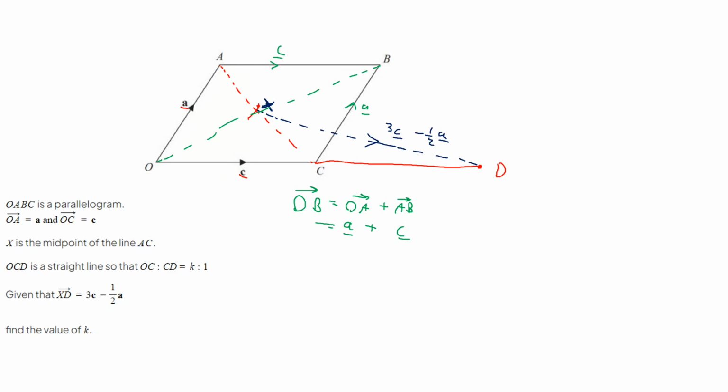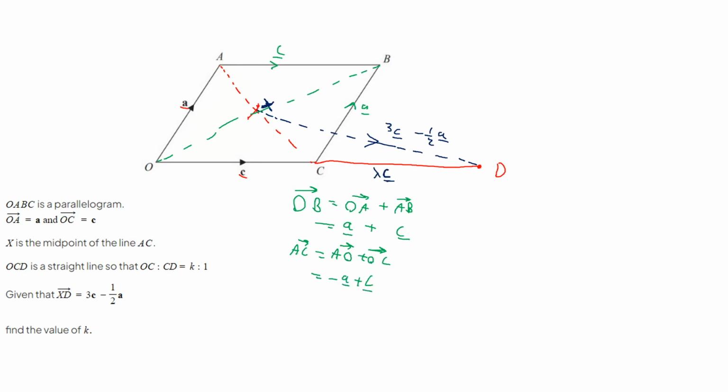So AC is equal to A to O plus O to C, which is equal to minus A plus C. Alright?